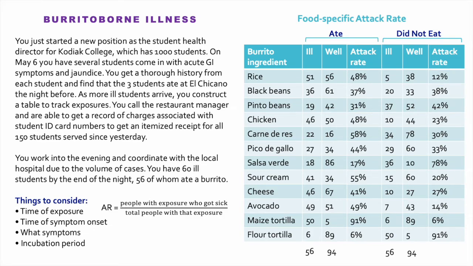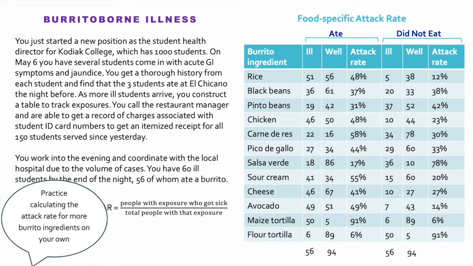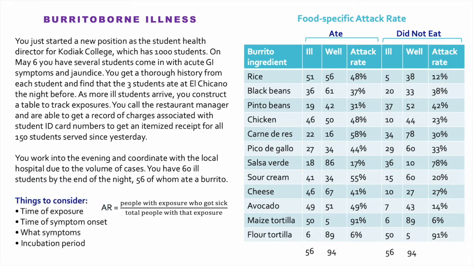Remember that a proportion always has to have all the people that are in the numerator in the denominator also. That can be a helpful way to remember that you need to add the ill people and the people who are well for each exposure together to get the denominator, because it's the people with that exposure who are sick out of the total people with that exposure.